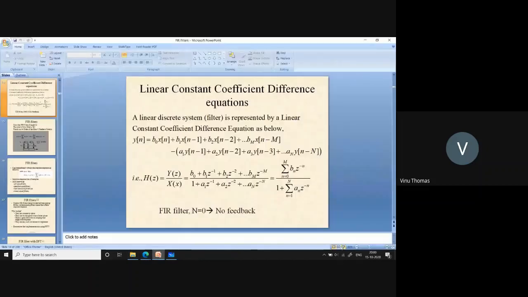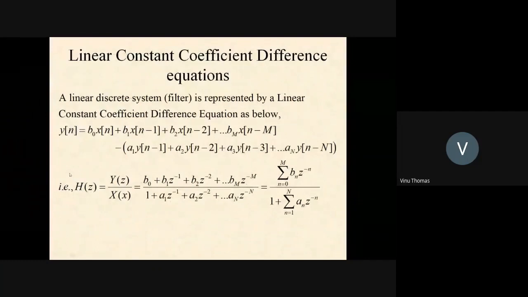So therefore we will be able to write H(z) is equal to Y(z) by X(z), which is given by a ratio of polynomials in z. The numerator polynomial being b0 plus b1 z raised to minus 1 plus b2 z raised to minus 2 plus etc. up to bm z raised to minus m, which we write in a summation form as sigma n equal to 0 to m bn z raised to minus n, divided by 1 plus a1 z raised to minus 1 plus a2 z raised to minus 2 plus etc. up to an z raised to minus n, which we write as 1 plus sigma n equal to 1 to n an z raised to minus n.